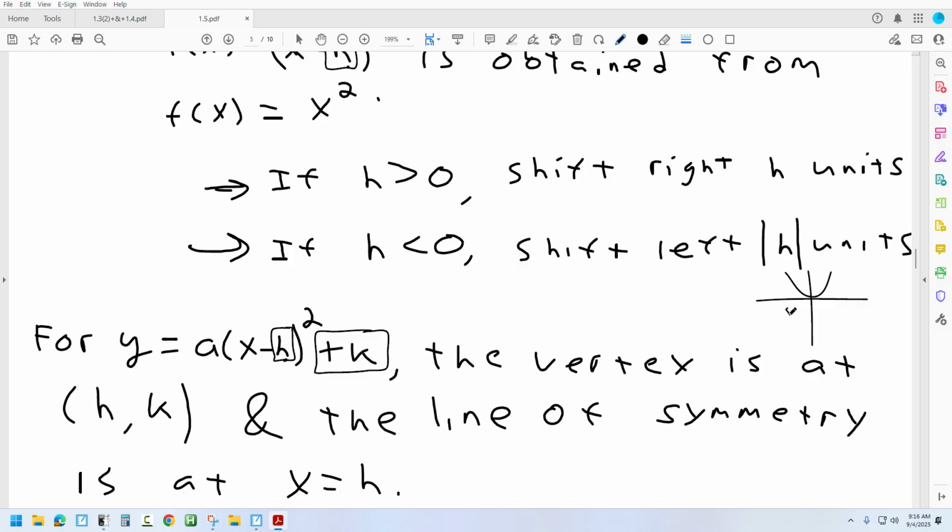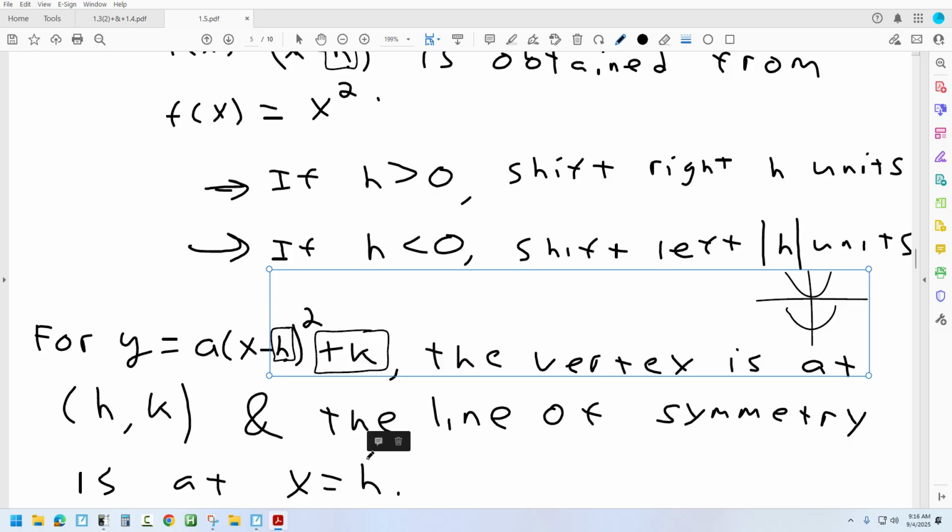Shift it down. Where's the line of symmetry for it now? Yeah, it's the same. Shifting up and down has no effect on the line of symmetry, which is why K, which is shifting up and down, has nothing to do with the equation for the line of symmetry.